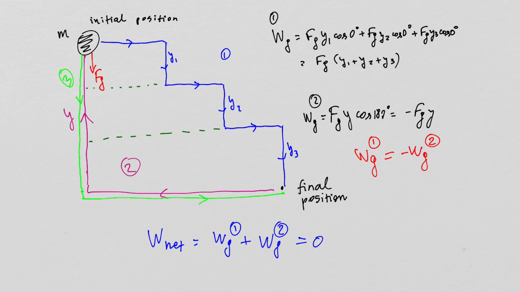So I have two different paths that the particle took between the initial and final positions, and along those two different paths, the gravitational force did the same work. So again, that confirms that the work done by a conservative force on a particle moving between 2 points does not depend on the path taken by the particle.